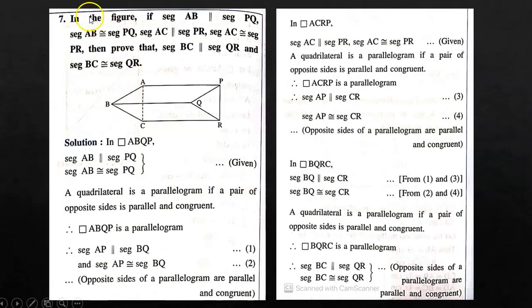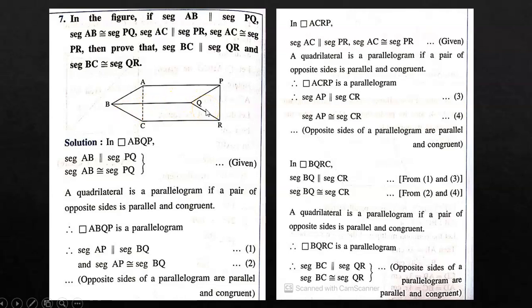Question number 7. In the figure, if segment AB is parallel to PQ and AB is congruent to PQ, segment AC is parallel to PR and AC is congruent to PR, then we have to prove that segment BC is parallel to QR and BC is congruent to QR.